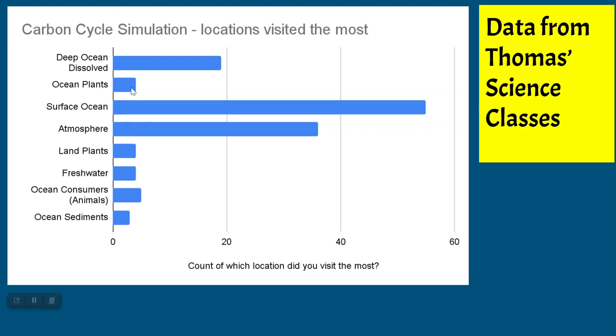Maybe we only had about 5 visits to the ocean plants. A lot of visits over here, more than 50 probably to surface ocean. So I just wanted to have a visual so you could see as people were being carbon and plomping around from one place to another. We had a lot of visits to surface ocean and a lot of visits to atmosphere. So those are kind of our bigger locations that we saw where there were exchanges of carbon.